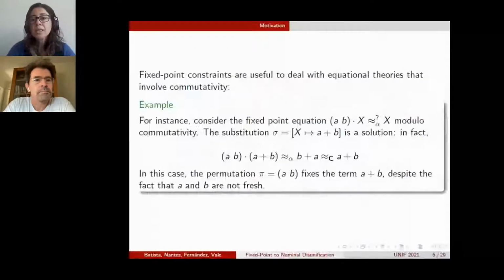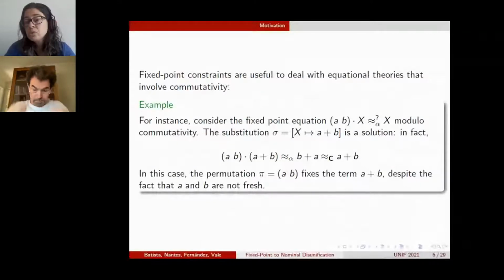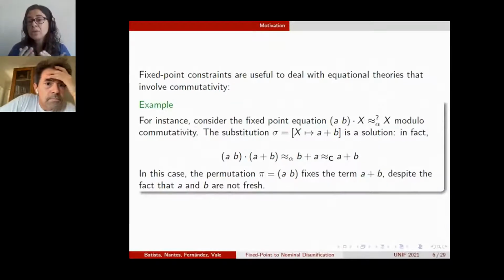So why do we want to do it like this? It's because it's more convenient when we have equational theories, specifically if we have commutativity in our equational theory. For instance, if you have this fixed point equation, (A B) fixes X, that is (A B) X is equal to X, we want to find instances of X that (A B) fixes.